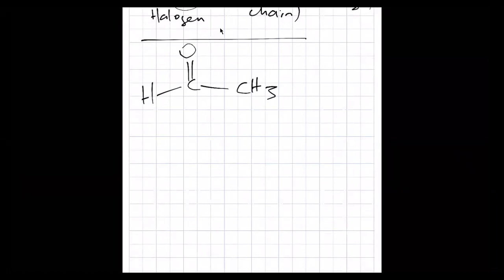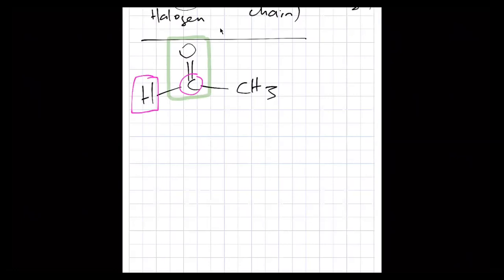Keep in mind we've talked about the carbonyl before, right? The C double bond O. That's generic. Once you start attaching stuff to this carbon right here, then the functionality changes. So what functional group is this? Well, you have a hydrogen as one of your groups on the carbonyl.